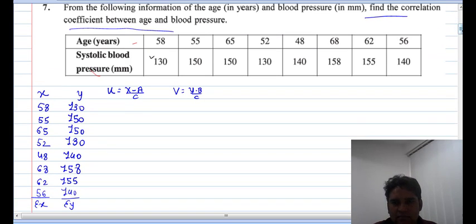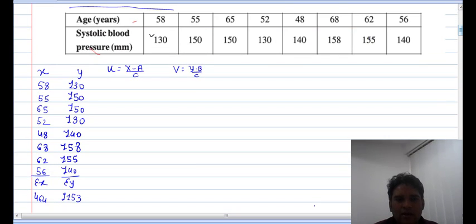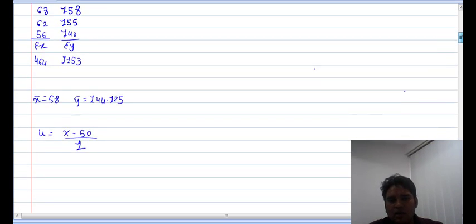A is my 50, that means the assumed mean of x is 50, and what is the common divisible factor? It would become 1, right? Because 58 minus 50 will get answer 8, 55 minus 50 will get answer 5. So all the numbers are multiples of 1 only, so my common divisible factor will remain 1.